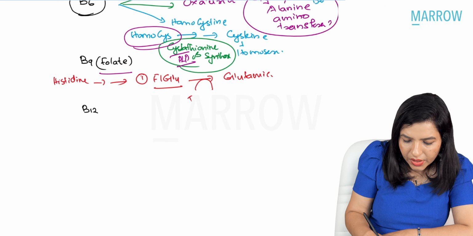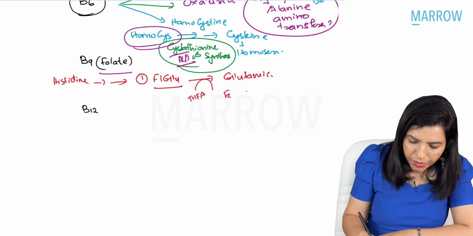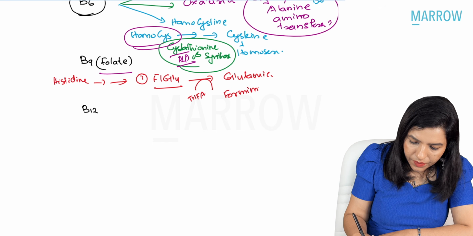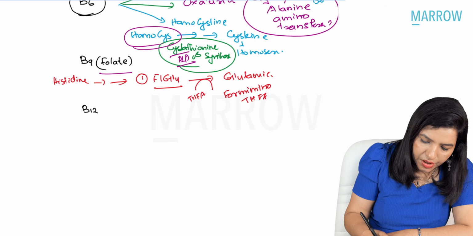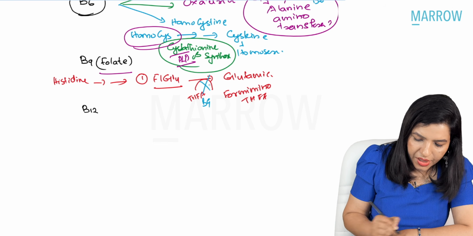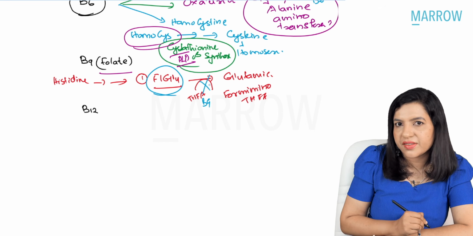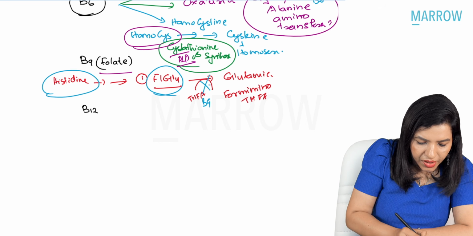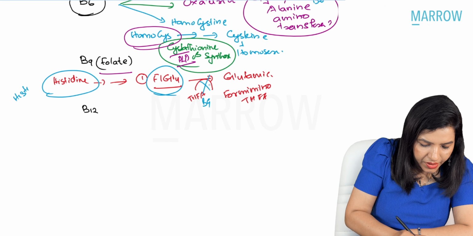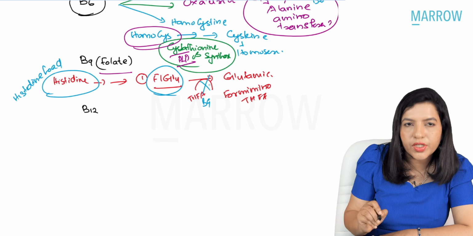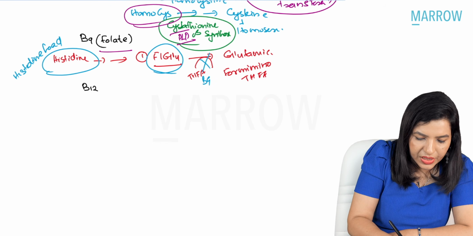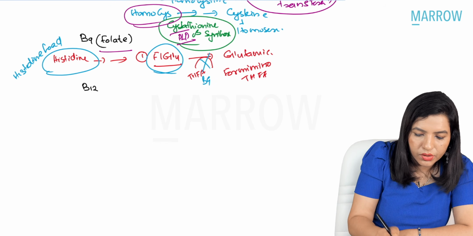For this we need THFA, which is converted to formimino-THFA. So if there is a deficiency of B9 or tetrahydrofolic acid, FIGLU is excreted in urine if we are doing a histidine load test. If a histidine load is given, FIGLU is analyzed in the urine.